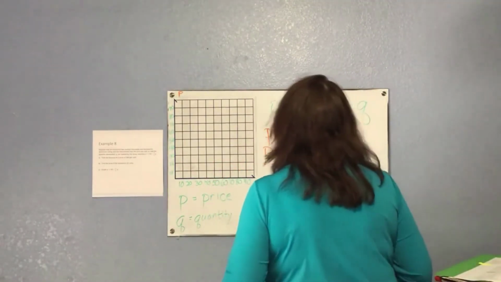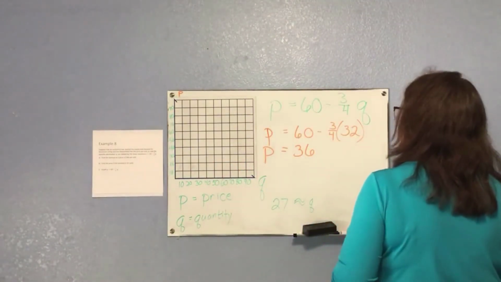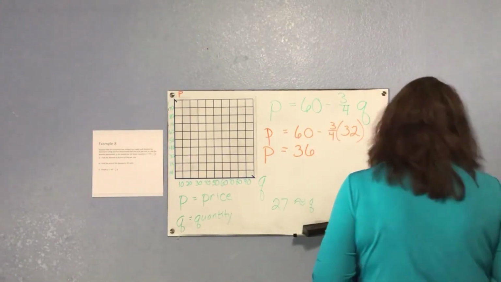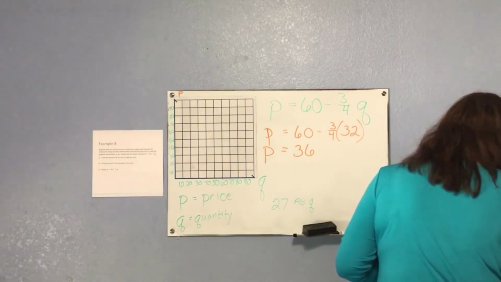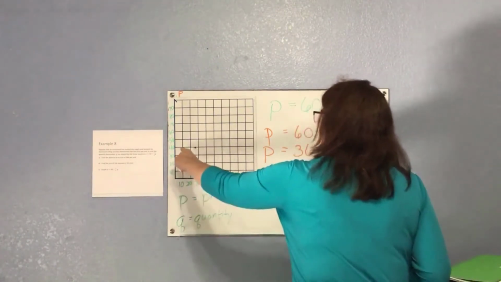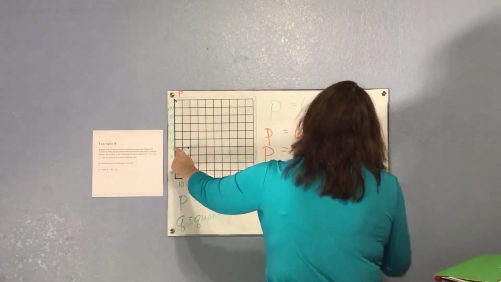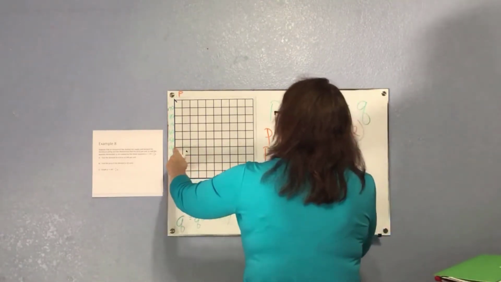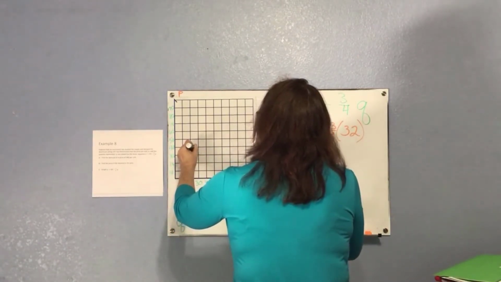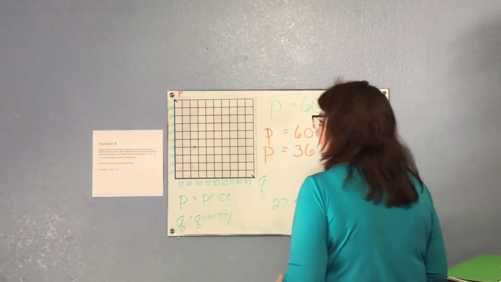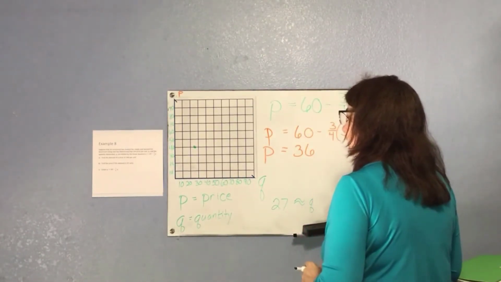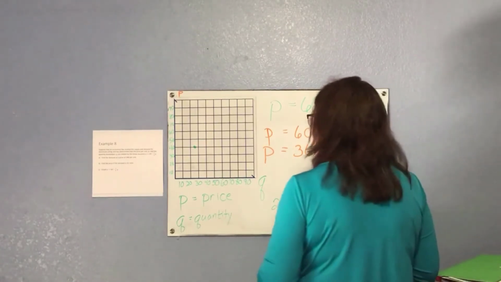Okay, and we have 2 points that we got from working the equation with 2 different values. The first point was we had a P of 40. So that would be here, and when P was 40, Q was not quite 27. So we're going to put a dot right there. And in the second part of the problem, we had a demand, a Q of 32.